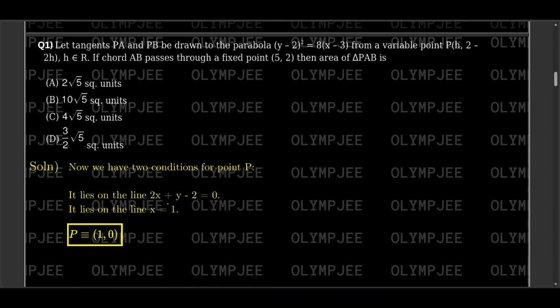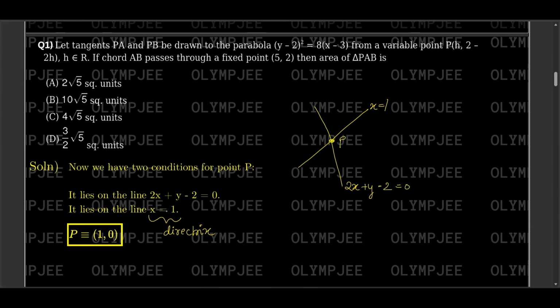So the line 2x plus y minus 2 is equal to 0 and x is equal to 1, which is the directrix. Where these two lines meet will be the point where P is located, because P is lying on this line and also on that line. This is possible only when it is lying on both the lines, so it must be at their intersection.